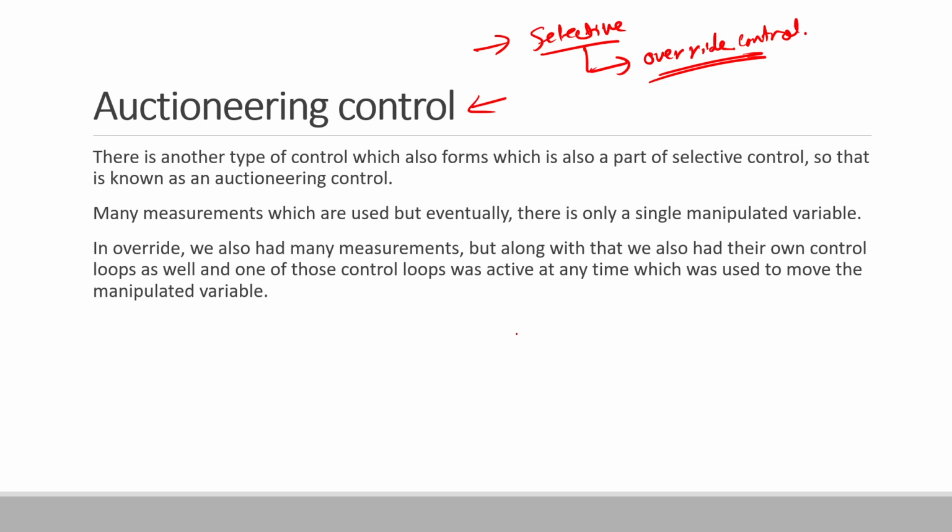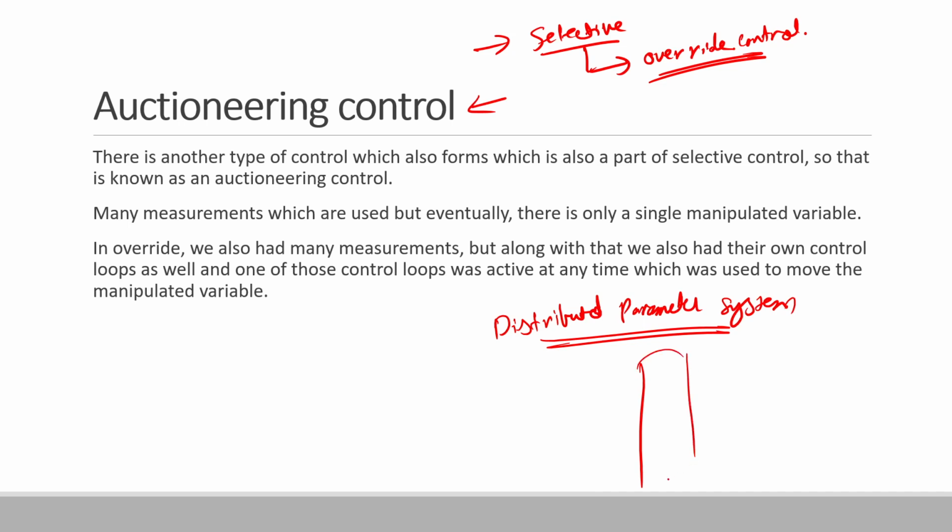Let's consider an example of a distributed parameter system given by a fixed bed reactor, whereby we want to monitor the temperature within this fixed bed.